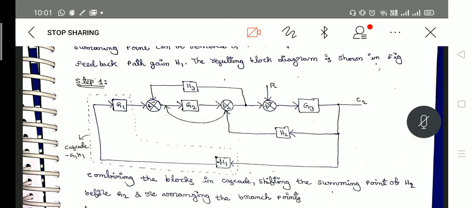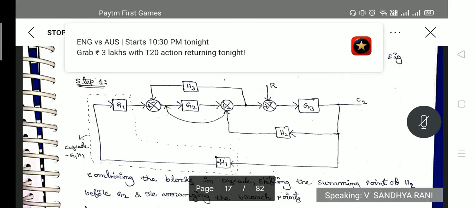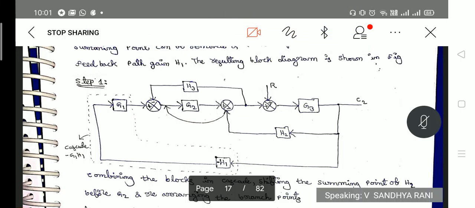Yes, like this we will get, and here the summing point will have a minus, so I'm taking the feedback as minus H1. So from this, the cascaded connection is minus G1 into H1. Again, these two are in a branch, and the summing point will be shifted to after the block.